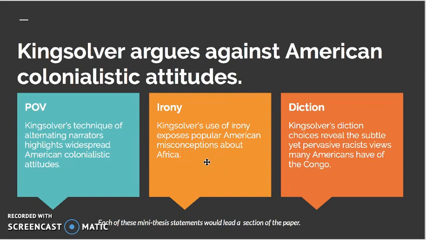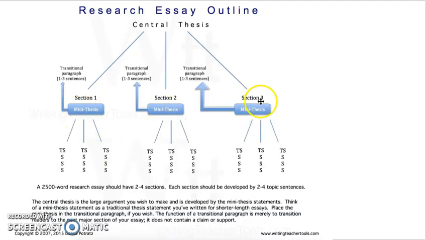And then maybe under diction: Kingsolver's diction choices reveal the subtle yet pervasive racist views many Americans have of the Congo. So again, these would be the sections for each one of these areas, as I described in the video on organizing the research essay. And each one of those mini thesis statements would then be developed with individual topic sentences and support.